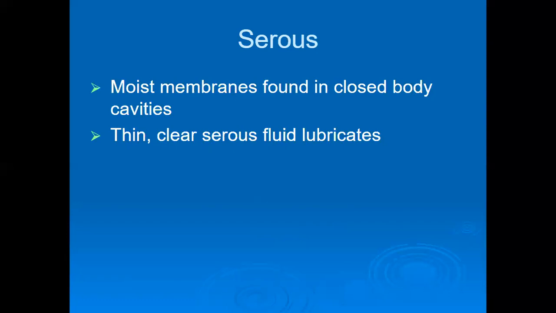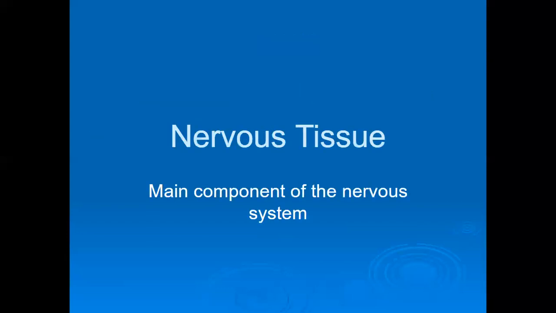Same thing around your heart. And we'll talk more about how that helps your heart when we get to the circulatory system. But that serous membrane produces that serous fluid, which provides a friction-free environment. So that's it for membranes.